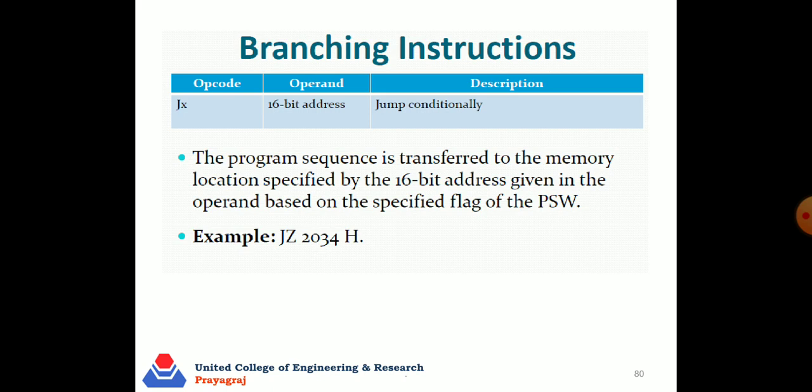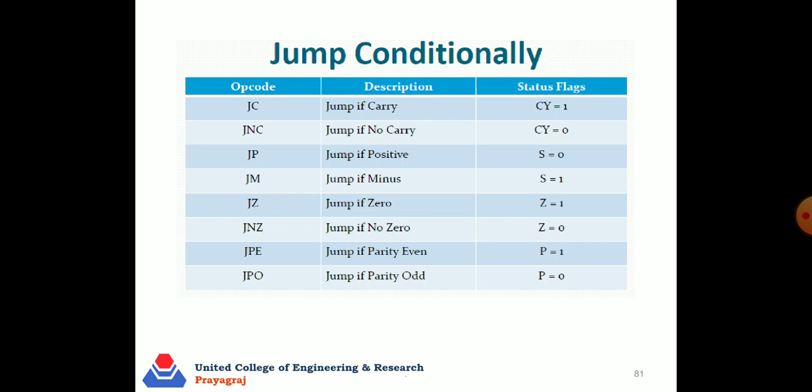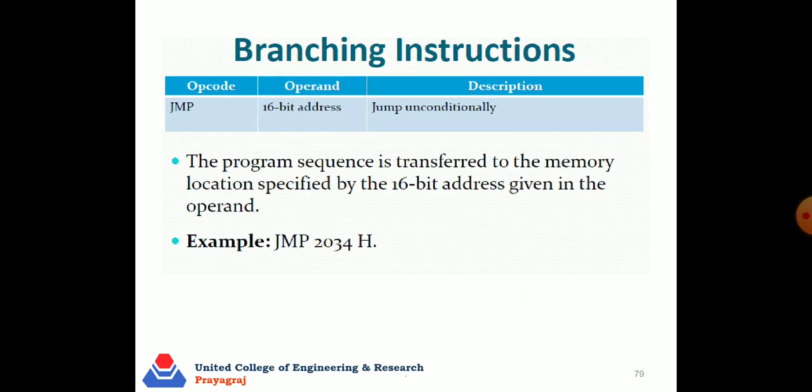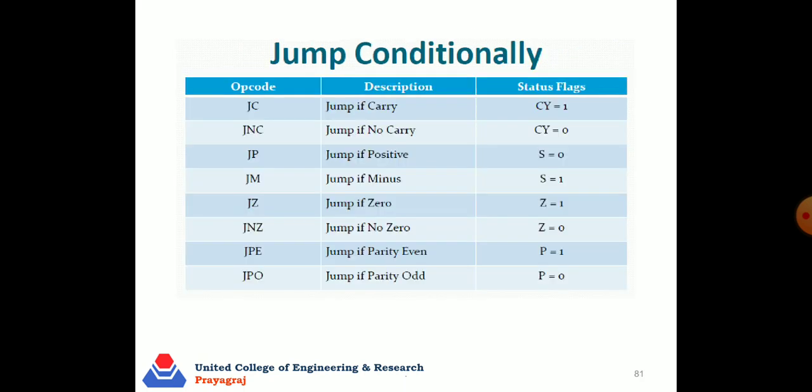Next is JX, jump conditionally. JX, or we can say J condition, is a conditional jump. So there is a specific condition for jumping. JMP is an unconditional jump, that means there is no condition, but in this instruction there is a condition.